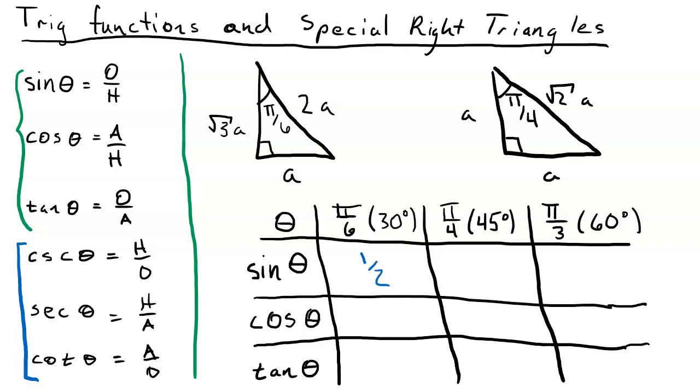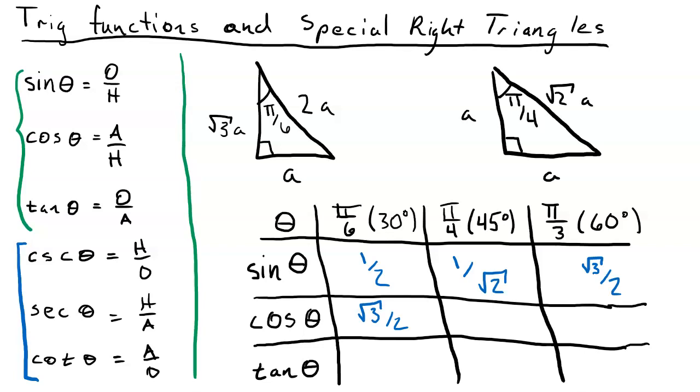And continuing to use this logic, we see that sine of pi over 4 is 1 over square root 2. And sine of pi over 3 is square root 3 over 2. For cosine, we're going to have cosine of pi over 6 is square root 3 over 2.